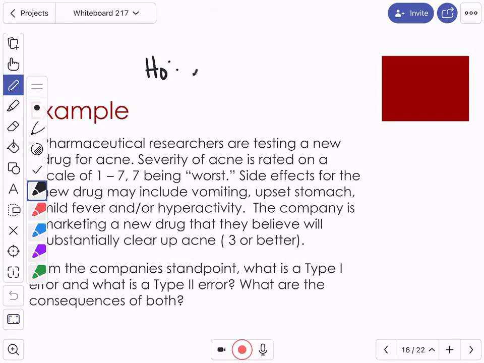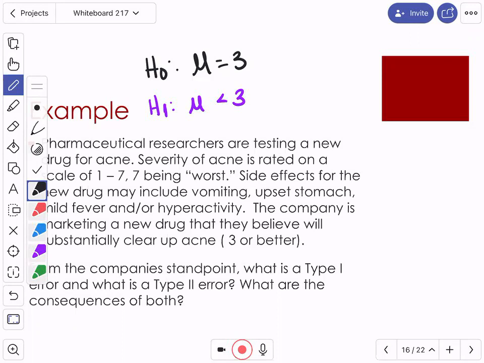H0 is that mu is equal to 3. In this particular case, HA or H1 is that mu is less than 3. We haven't talked about directions, but this is less than 3. What does greater than 3 mean? What does equal to 3 mean?